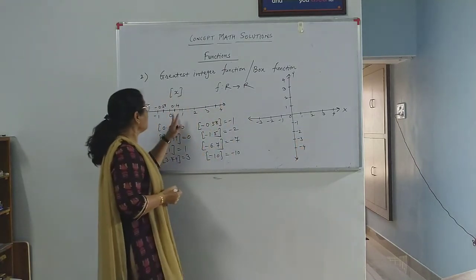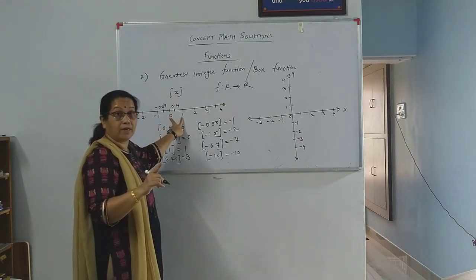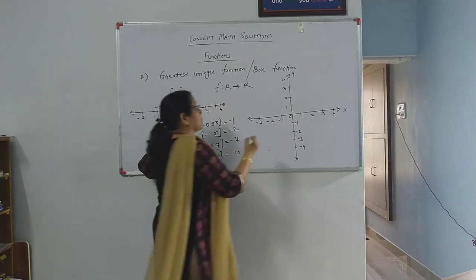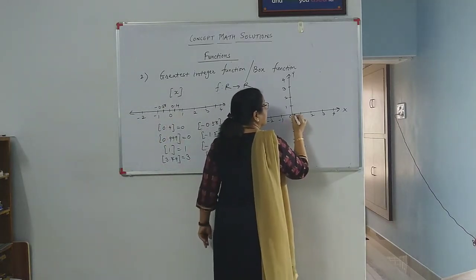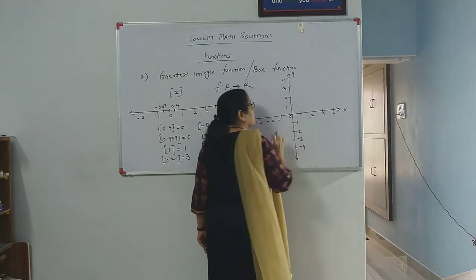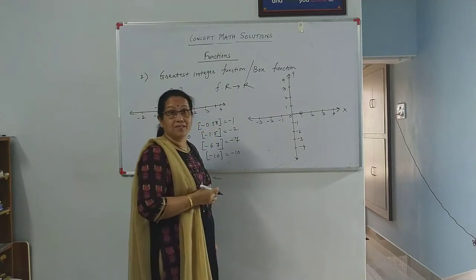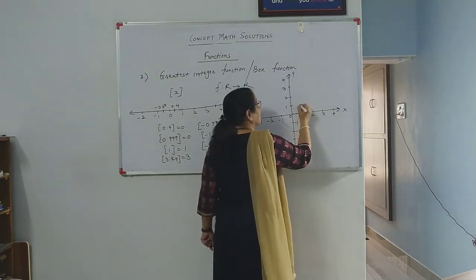For all numbers between 0 to 1, 1 not included, the image is 0. At 1 it's open because 1's image is not 0. When x becomes 1, y becomes 1.